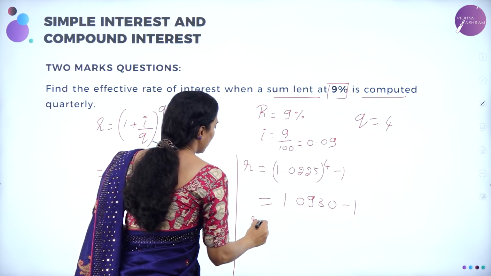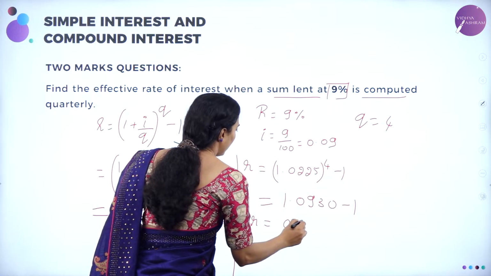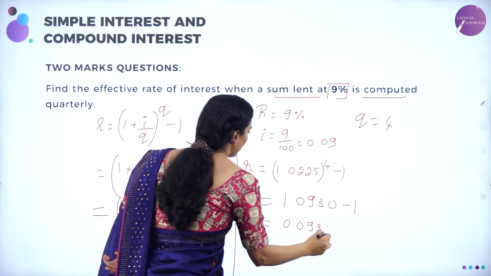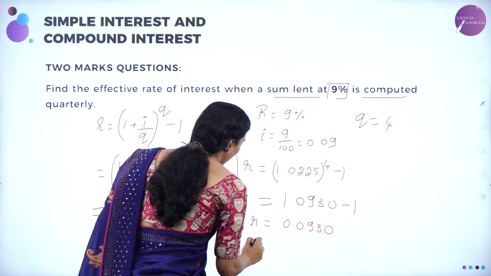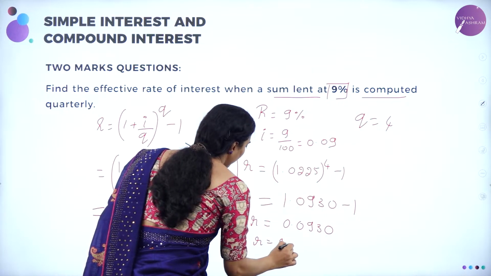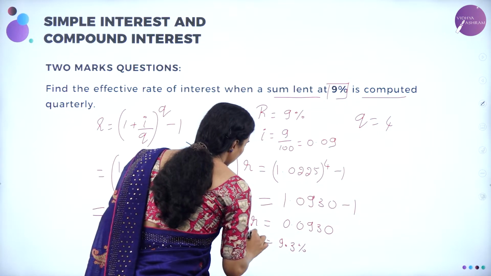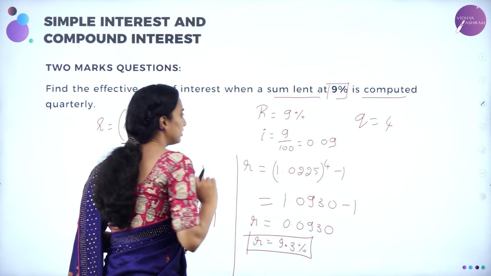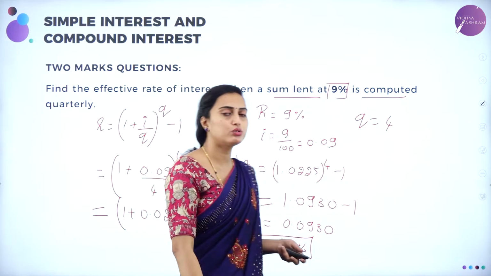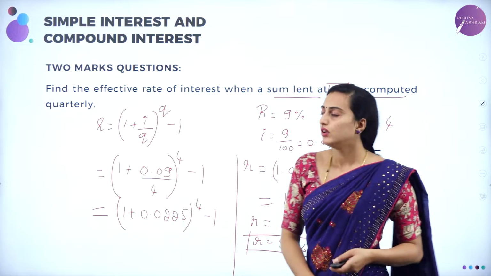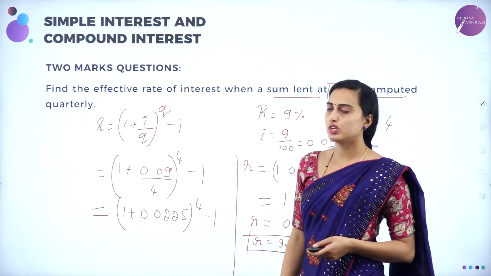So r is equal to 0.0930, which is 9.3%. That is your answer for this question. Hope you understood how to solve this problem. We'll move on to the next question.